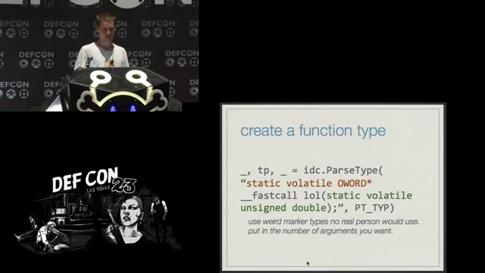In the simple types, there's like a 1 byte enumeration, and like 80% of them are weird stuff that you will never use, like the static volatile O-word pointer, or static volatile unsigned double, and so on.